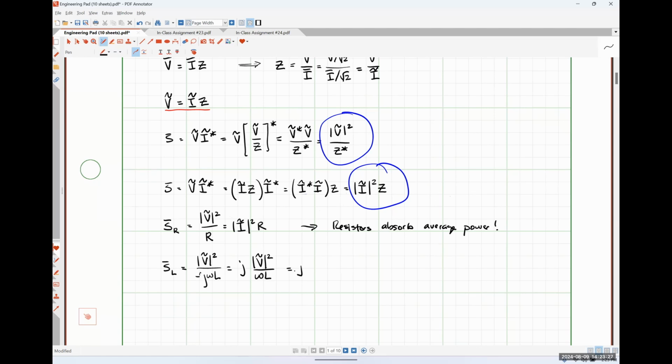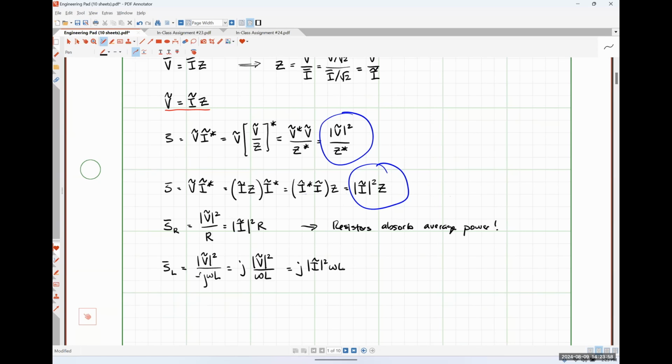So let's call this J times the magnitude of the current squared times a factor of omega L. Okay. So looking at these inductor relationships, is there any real part? No. So our inductors are only capable of contributing to the reactive power, which I believe I mentioned in our last class meeting.